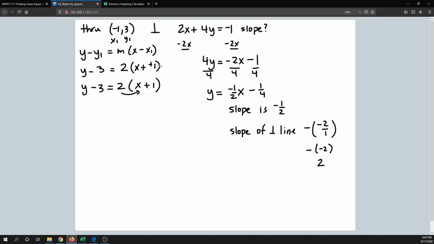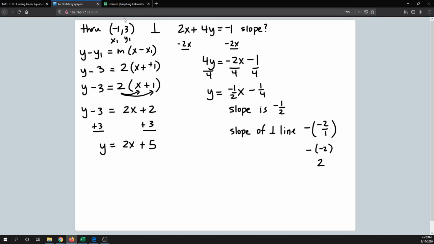Then I can distribute that 2 through the parentheses. So I get 2x plus 2. And then add 3 to both sides to solve for y. I'll get y equals 2x plus 5.